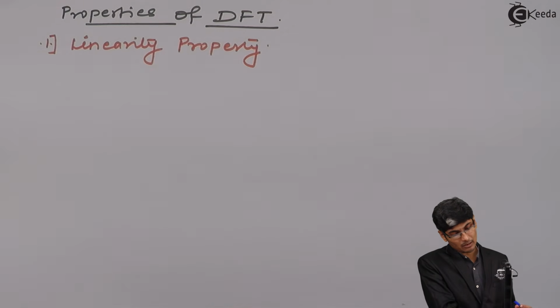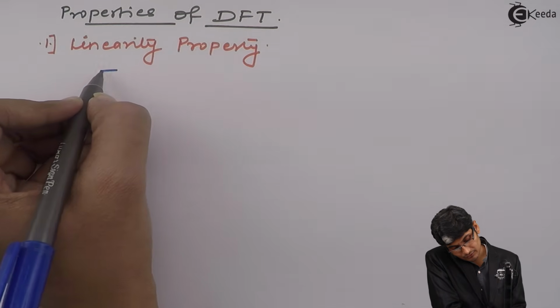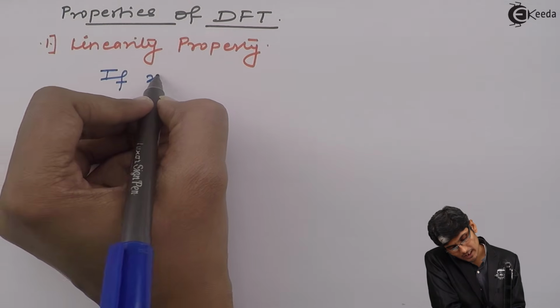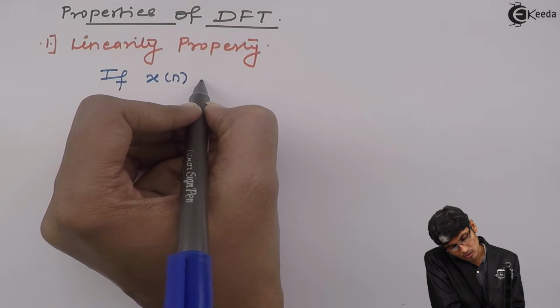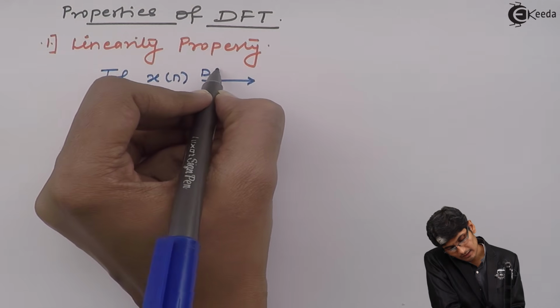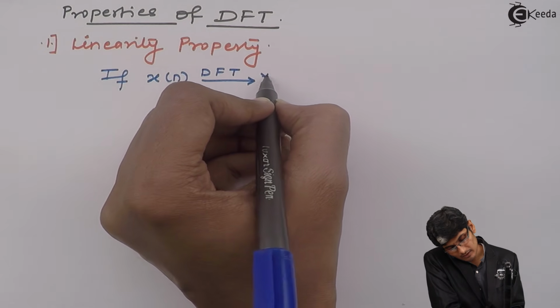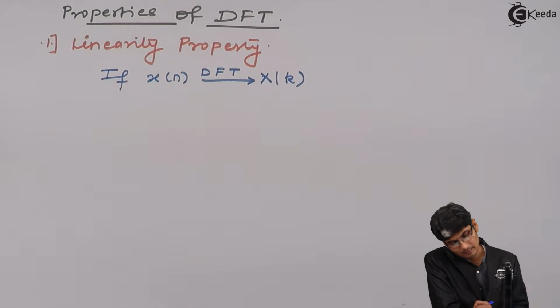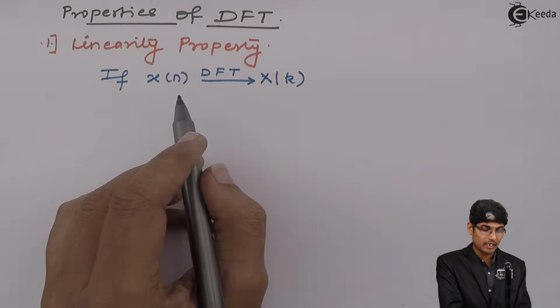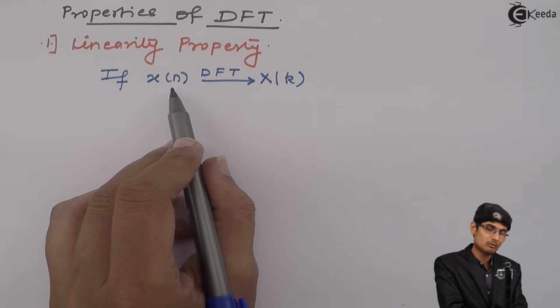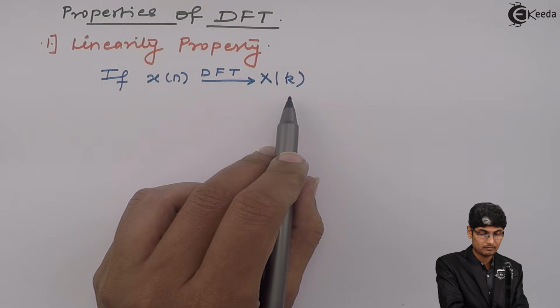Now what does the linearity property say? If I have x of n whose DFT, if I calculate, gives me x of k, right? So when I have an n point x of n, I am going to get an n point x of k.